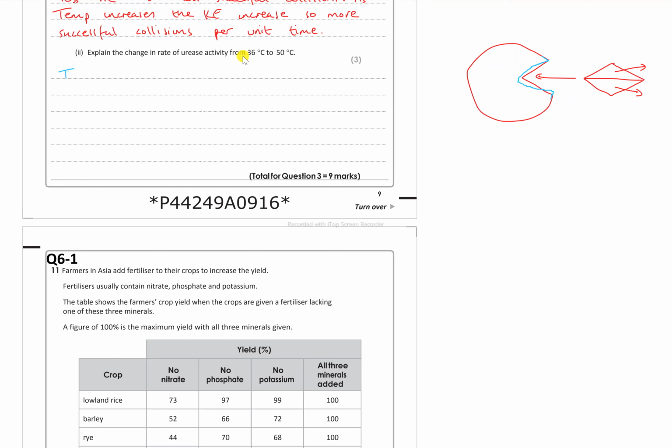So we can say at higher temperatures the enzyme is denatured. You've got to use these words, which means the active site changes shape.